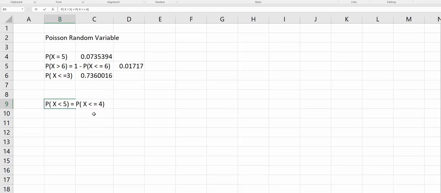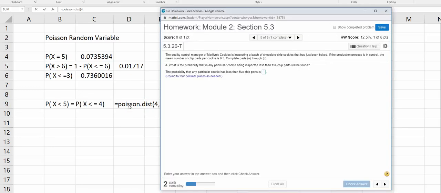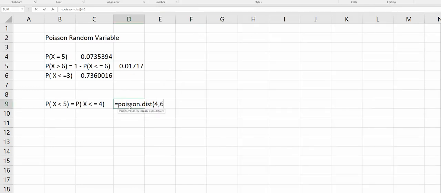Less than 5 is 0, 1, 2, 3, or 4. To compute this, we use the Poisson distribution, up to 4, mean 6.3, and cumulative yes.